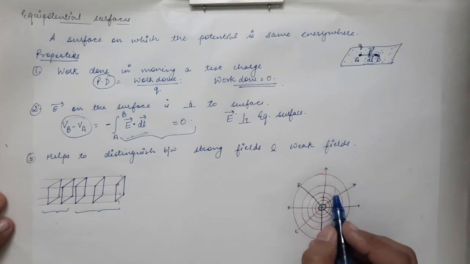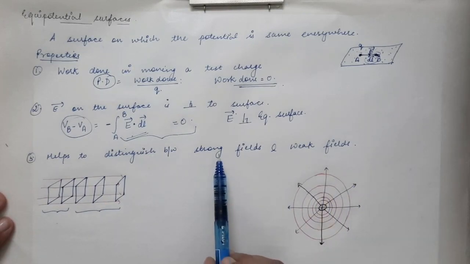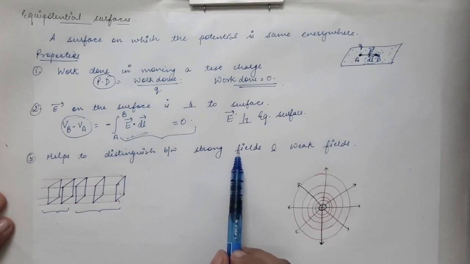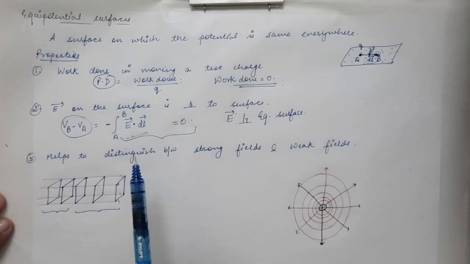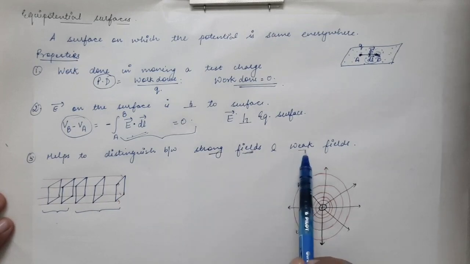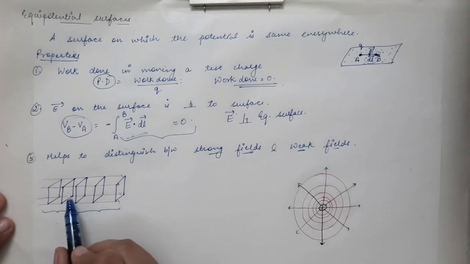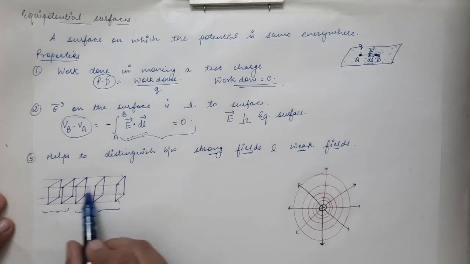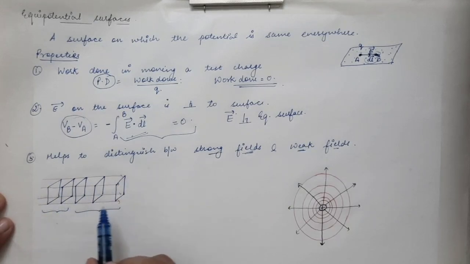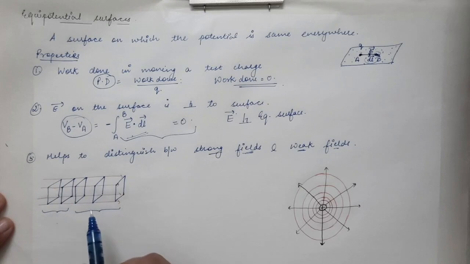Therefore the concept of equipotential surfaces is also the same as that of electric field lines, as equipotential surfaces also help us in distinguishing between strong fields and weak fields. In this diagram, the red lines which are drawn are the equipotential surfaces.